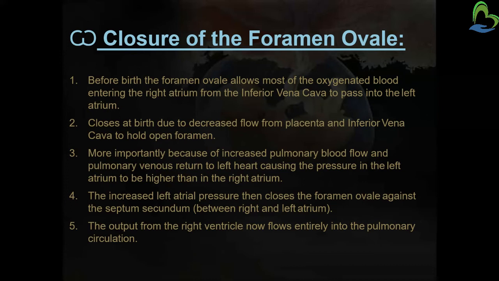Before birth this process continues, but after the birth of the baby, it closes due to decreased blood flow from the placenta and inferior vena cava, which had held the foramen ovale open.